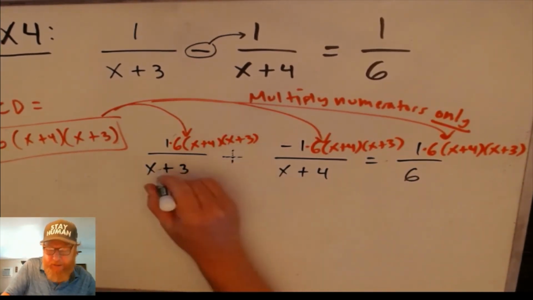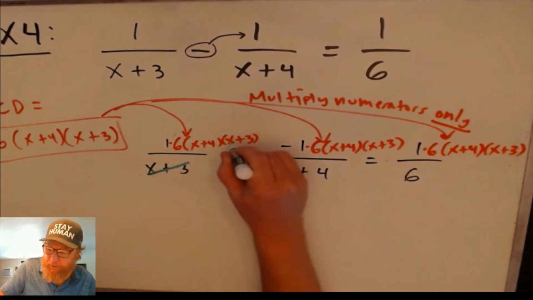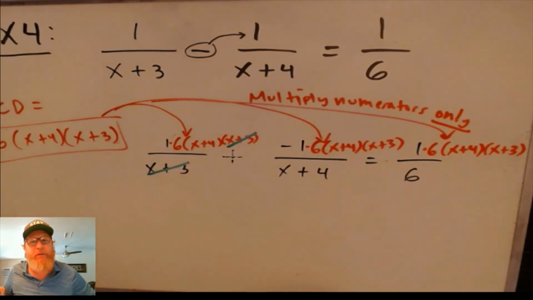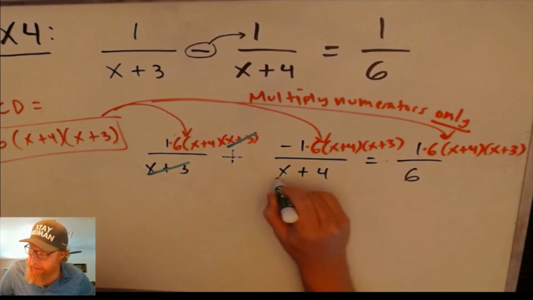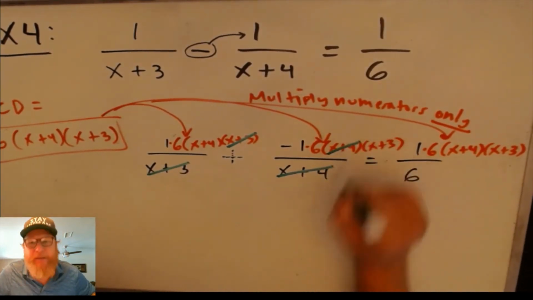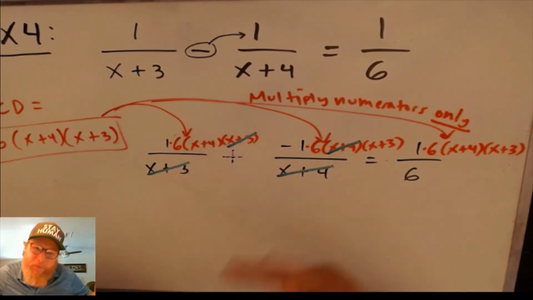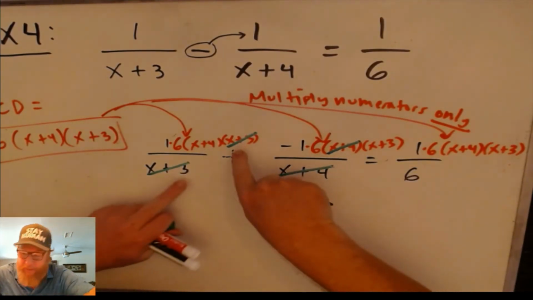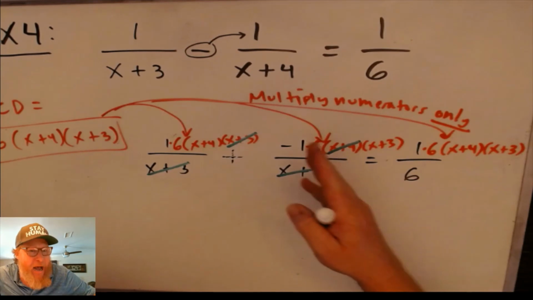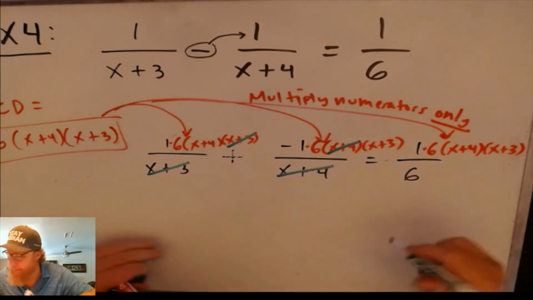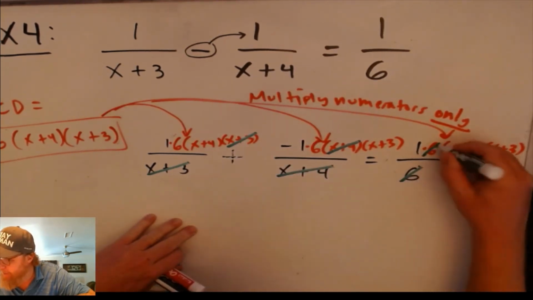At least the denominators will. So you get x plus 3 cancels x plus 3. X plus 4 cancels x plus 4. And remember, this type of canceling is really division. So you're basically saying that these divide out and become 1. All right. And then 6 divided by 6 becomes 1.